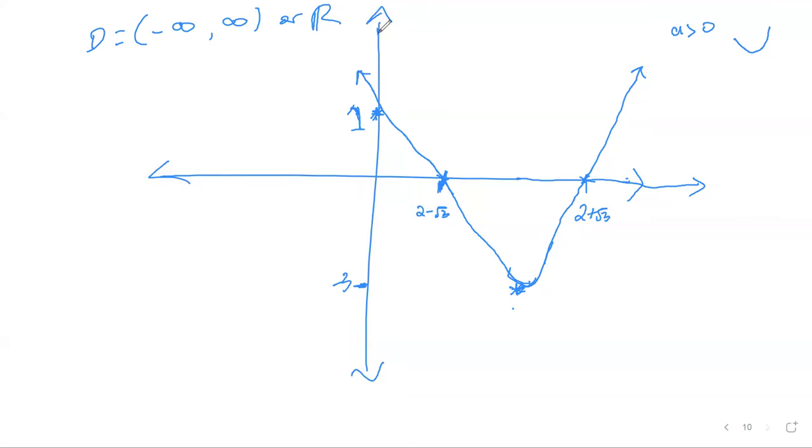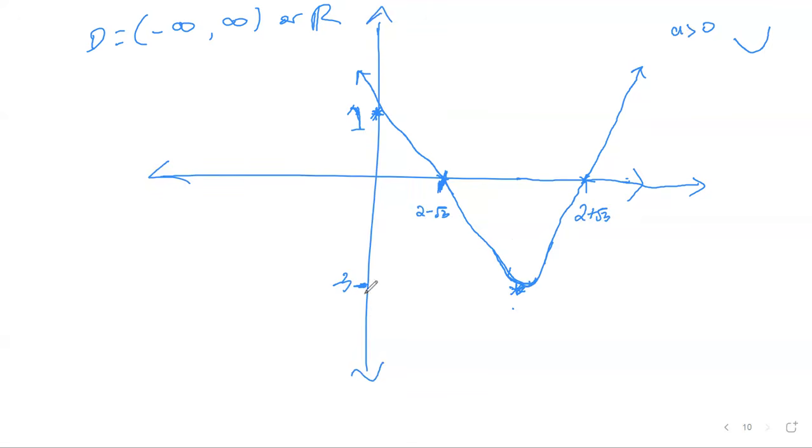The range will be the set of y values for the function. Look at the y-axis. The y values can only start from -3. You agree with me that this function can never go below this turning point. It can only go upwards from this point and not downwards.